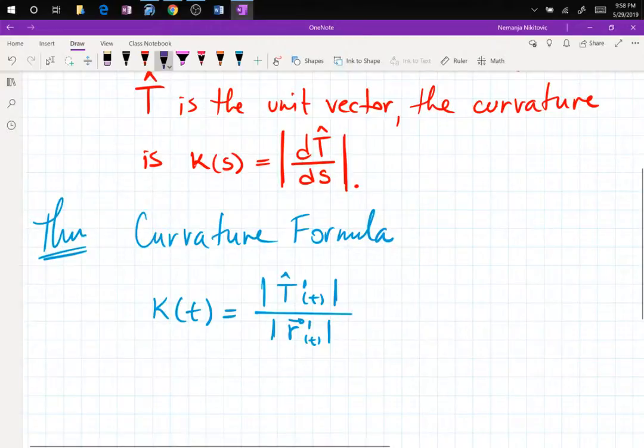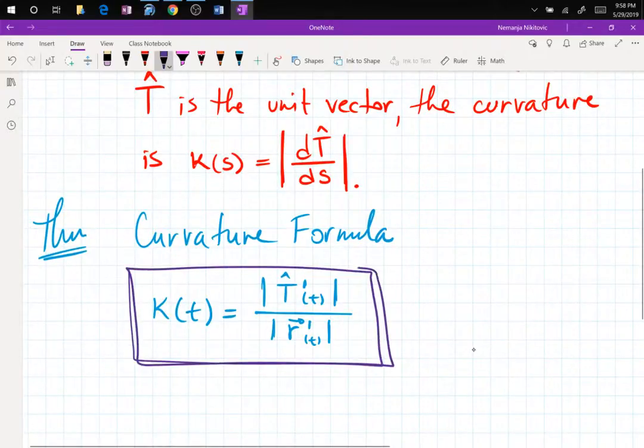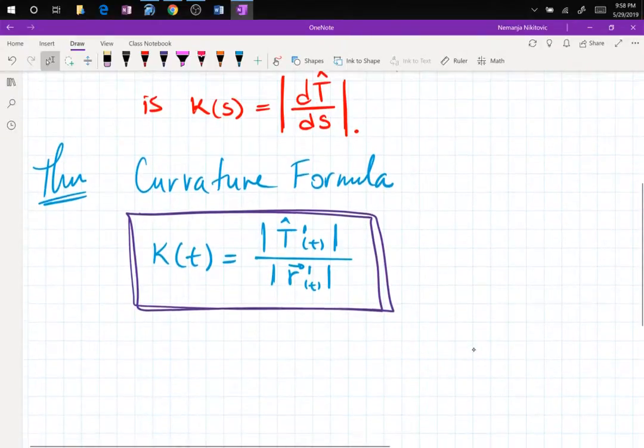Now, this is the formula that you will be using to calculate curvature.